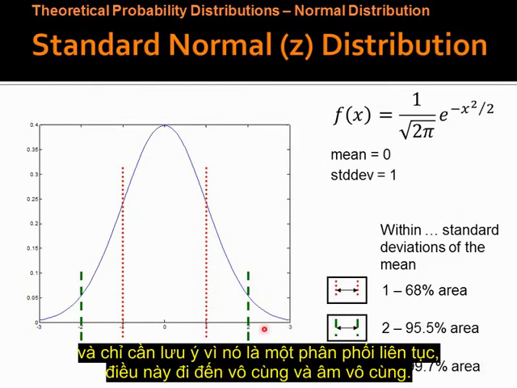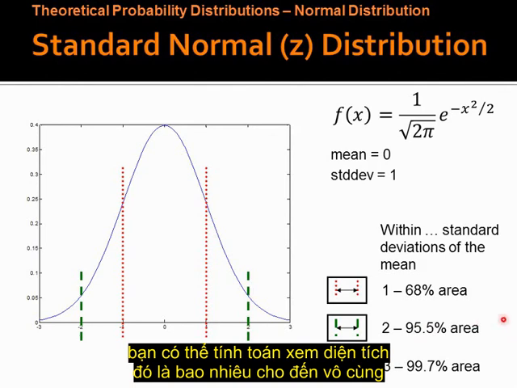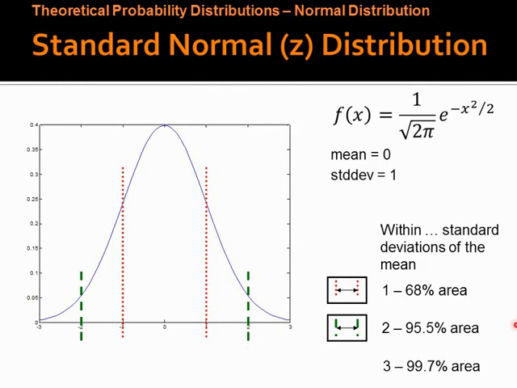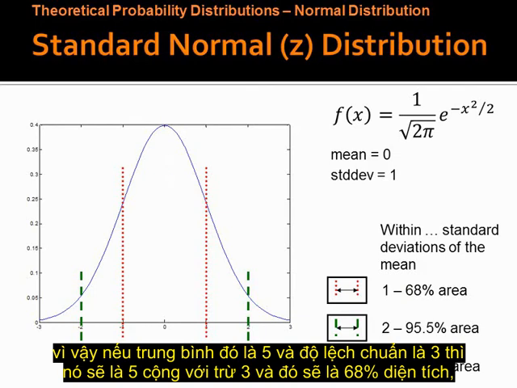Just keep in mind, because this is a continuous distribution, it goes to infinity and negative infinity. So you could theoretically calculate the area all the way up to infinity. Now, this is not just true for the standard normal distribution, this is true for all normal distributions. So if the mean was 5 and my standard deviation was 3, then 5 plus or minus 3 would be 68% of the area.